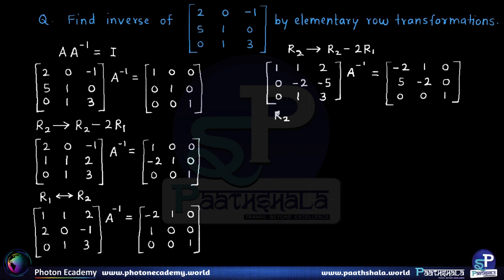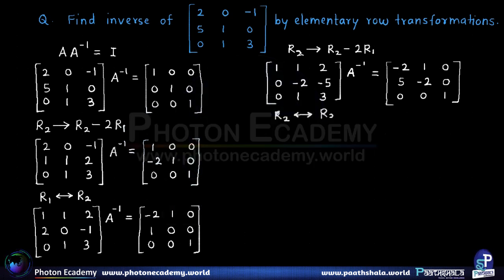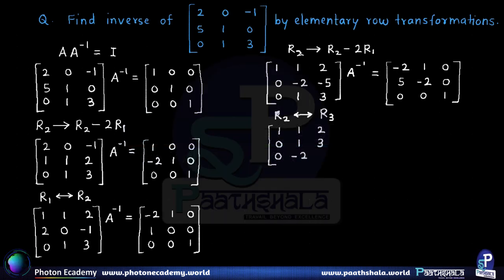R2 interchange with R3, right? So as a result of this we get 1, 1, 2, then we have 0, 1, 3, and then 0, minus 2, minus 5.